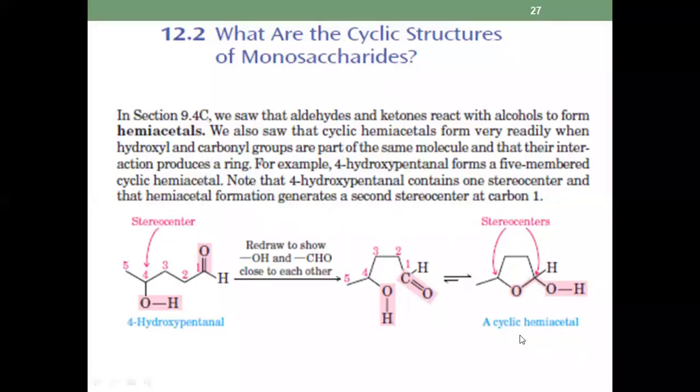But in this case, this is actually a cyclic one. Because we started with an aldehyde, we have a hemiacetal formation. So this is the common cyclic reaction with the monosaccharide, and they will actually react within its molecule to form a hemiacetal in the case of an aldose.